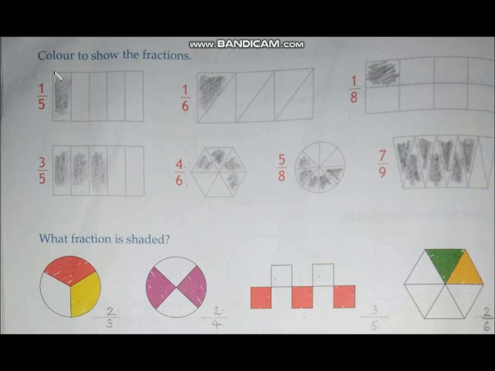Now if the fractions are given and we have to color them, we color according to the numerators only, because the denominator tells the parts of the figure. So for example 4 upon 6. There are 1, 2, 3, 4, 5, 6 parts and we have to color 4 parts only.